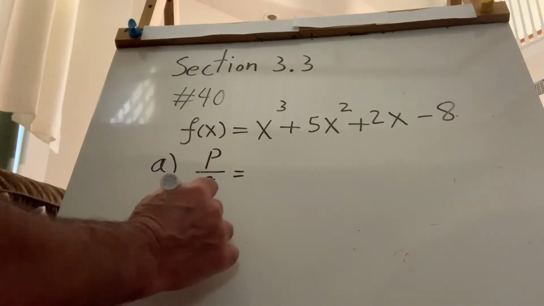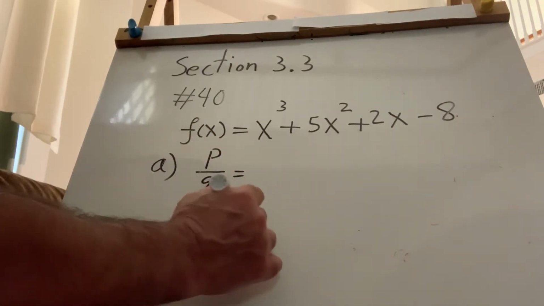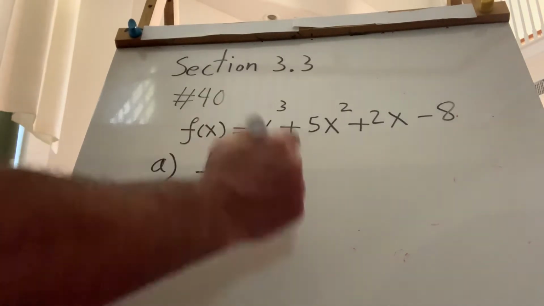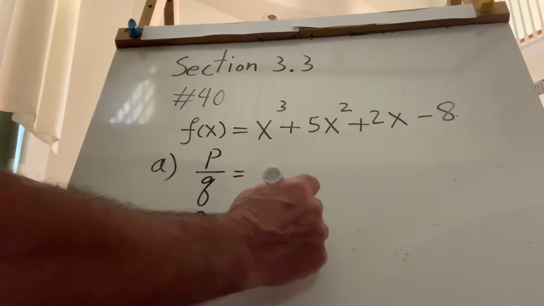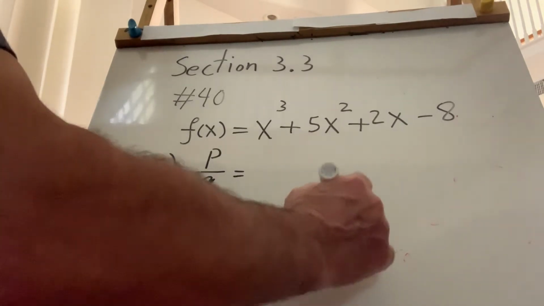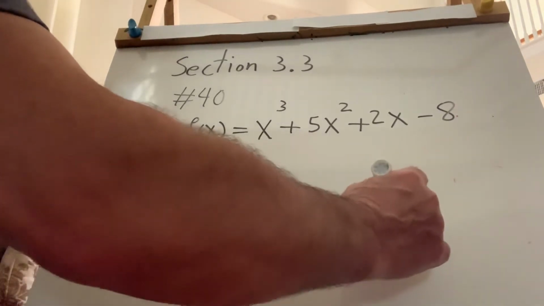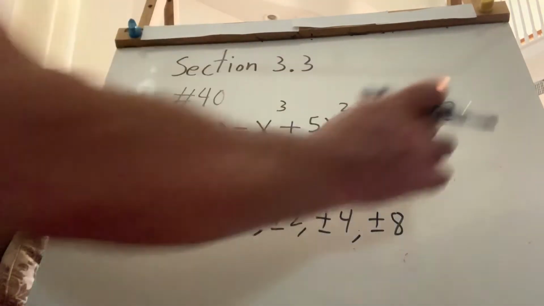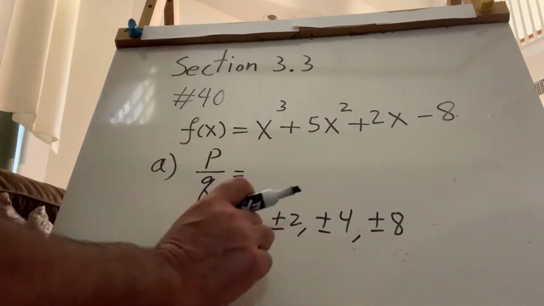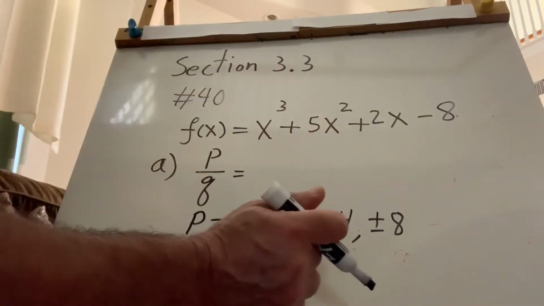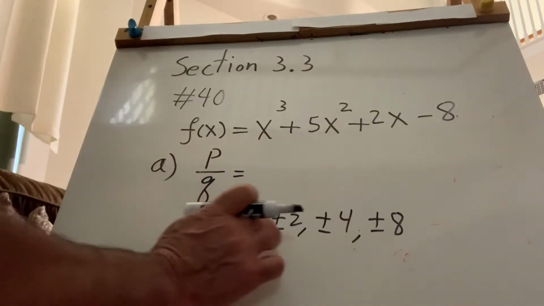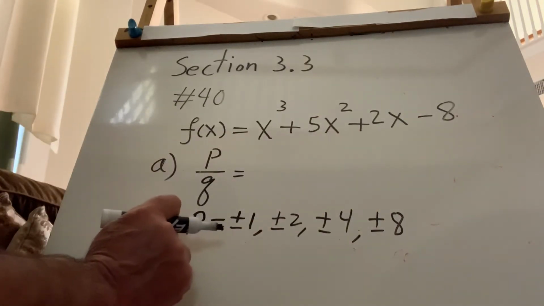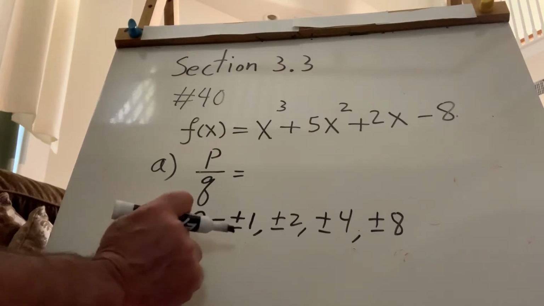So in this case, the p's are going to be plus or minus 1, an integer factor of every number, and then for negative 8, plus or minus 2, plus or minus 4, and plus or minus 8. So those are all the integer factors of our constant term. And the key here is the word integer, because negative 8 has many factors, but only 2, 4, 6, 8 happen to be integers. That's why we have to emphasize the words integer factors.